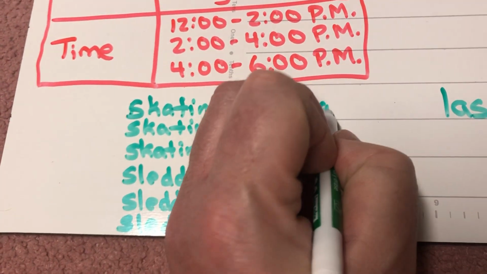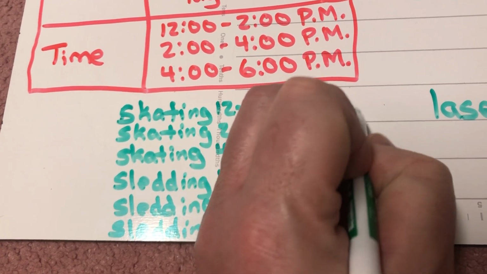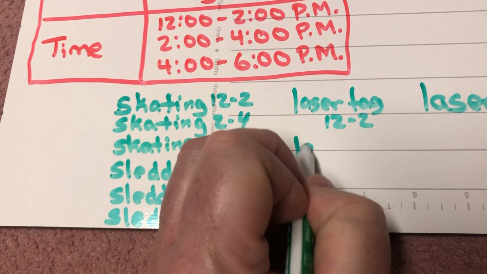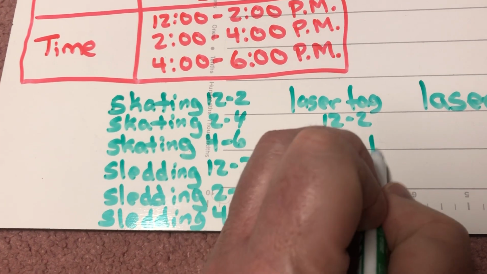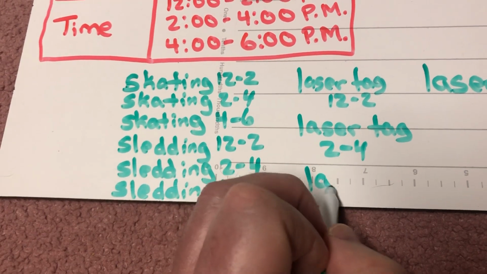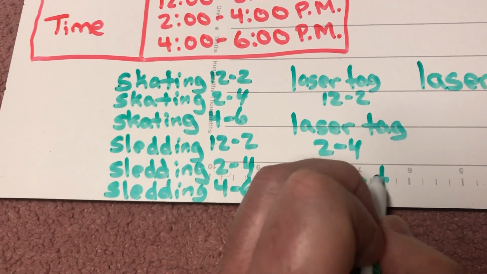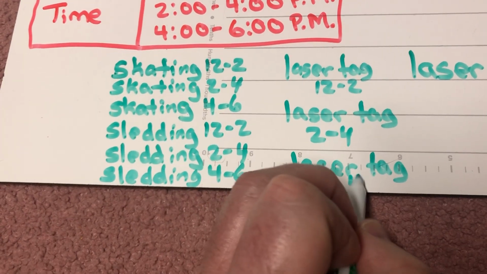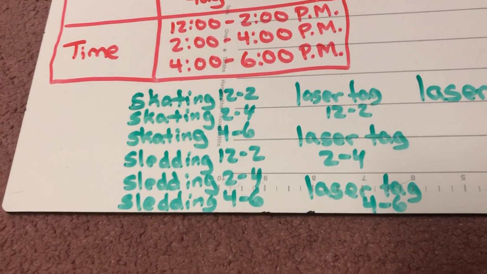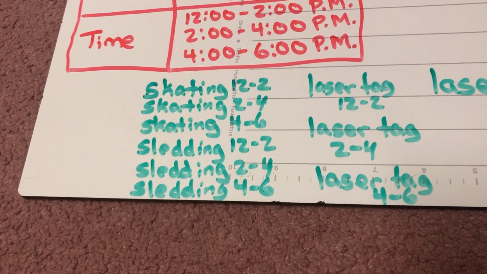And then you could have laser tag, 12 to 2, laser tag, 2 to 4, laser tag, 4 to 6. All right? And so that would be your sample space.